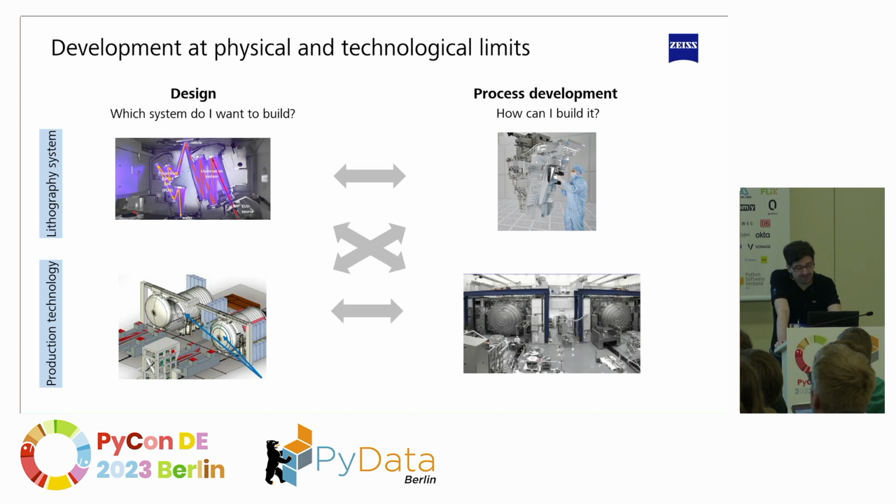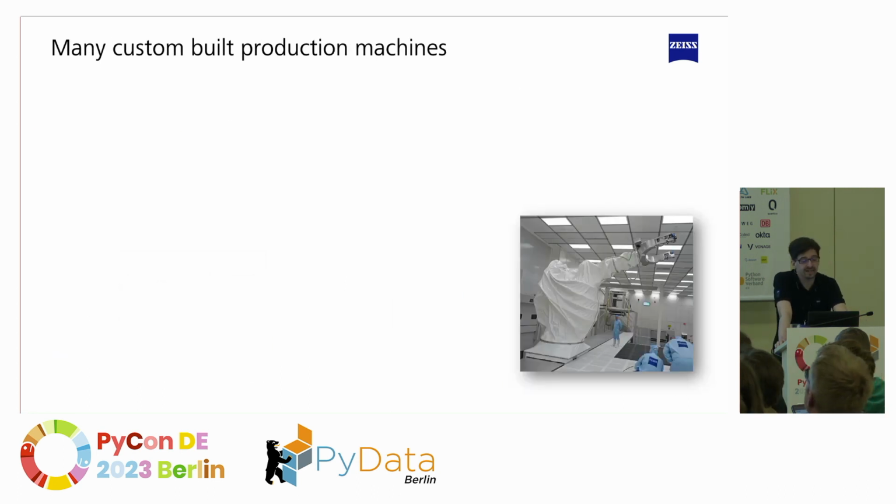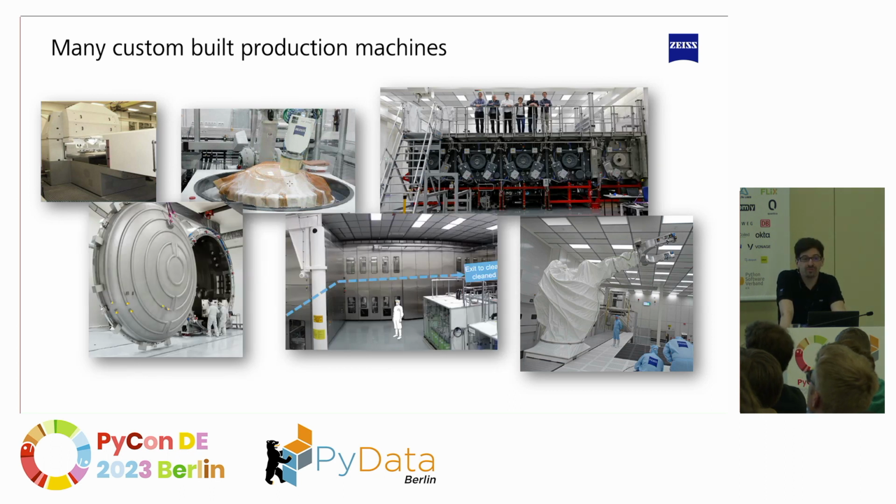So we have an interdependent cycle between the design for the lithography optics, the process, and the design for the machines which I want to build for the process, and this is a large circle. And there's not just one machine you build, you have to build a whole factory of different machines.